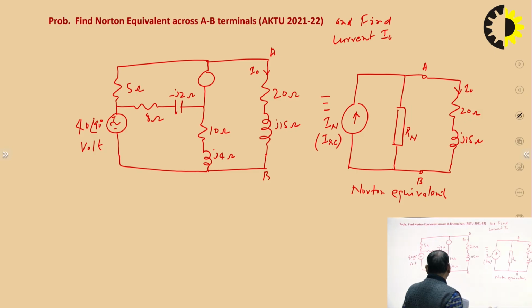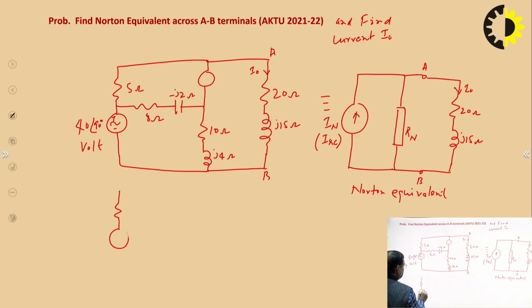So, what you have to do? You have to draw this circuit. This is your 5 ohm. This is your voltage source 40 angle 90 degree. Then this is your 3 ampere current source.